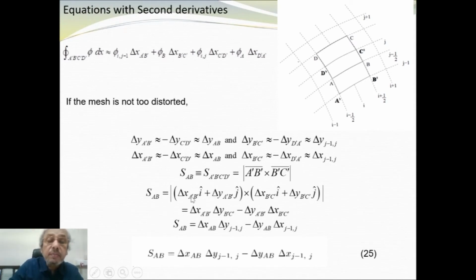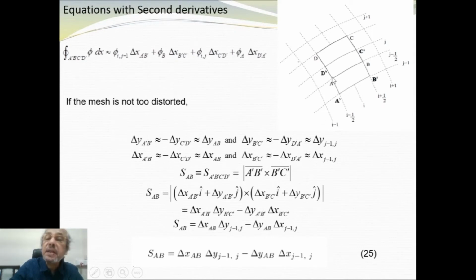So we have one after another found out this magnitude, and then we evaluated this. You can do it a little meticulously. I'm giving you one example of how the quantities have been defined, like delta y a prime b prime is the vertical distance between the points a prime and b prime. This is equal to minus delta y c prime d prime, vertical distance between d prime and c prime, and this is equal to delta y a b.